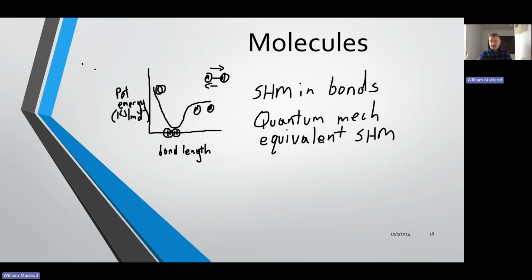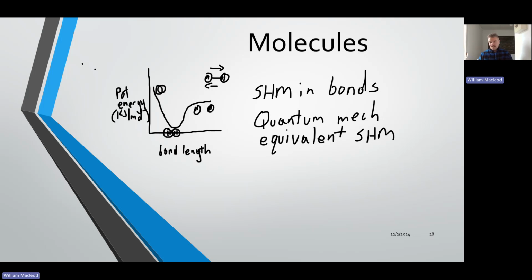Another application, which I've discussed in a video I made a while back on quantum mechanics, more applied to quantum chemistry, is the example of a hydrogen molecule. You get a hydrogen molecule which is vibrating backwards and forwards, and that can be described in terms of simple harmonic motion.